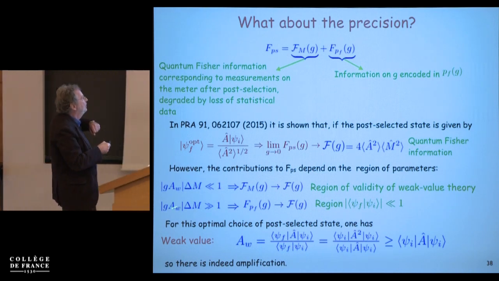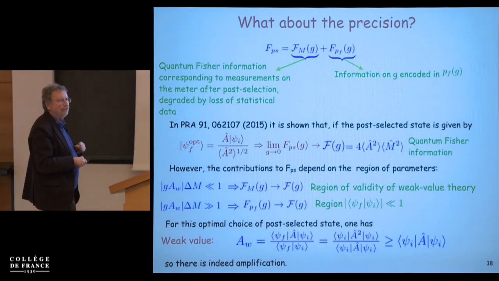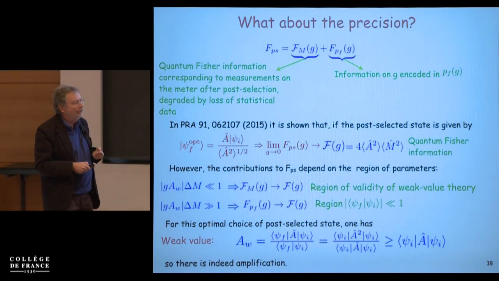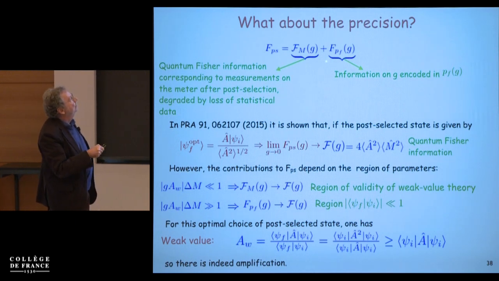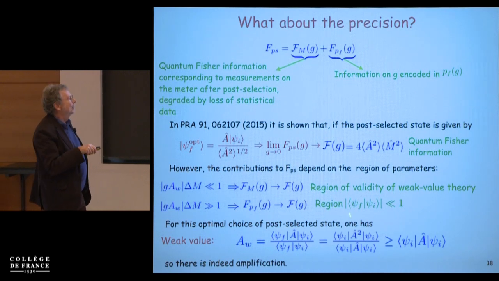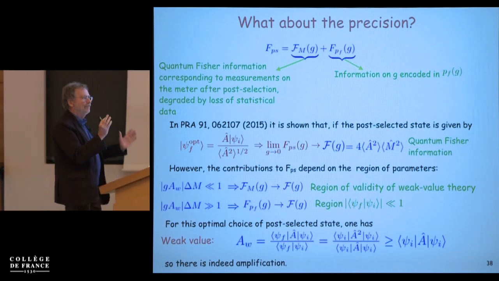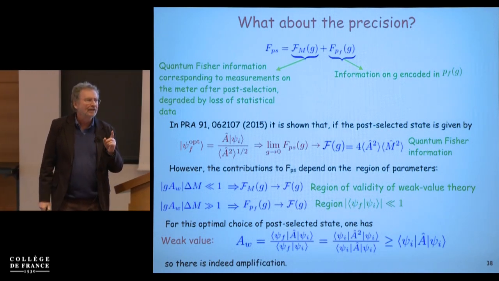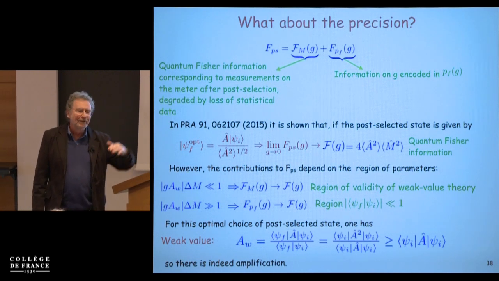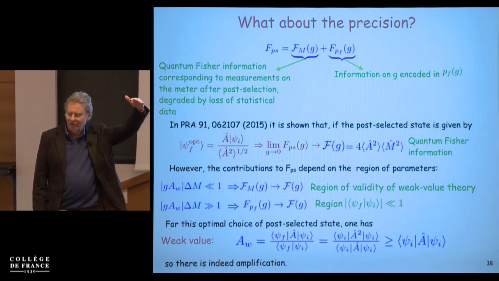On the other hand, if this condition is true, that means outside the region of validity of weak value theory, according to that expansion, then it is this term that goes to the quantum Fisher information. Okay? So in particular, if the overlap between the final state and the initial state is too small, you don't get any information from the meter, but you may get information from the post-selected statistics. Okay?